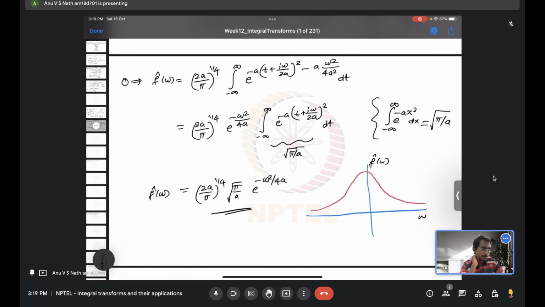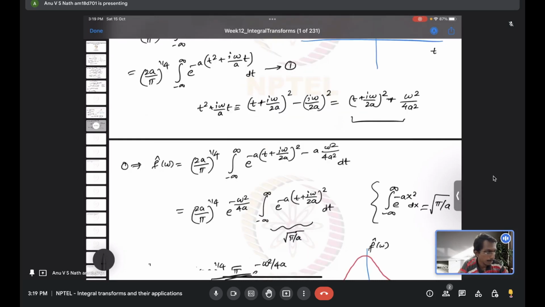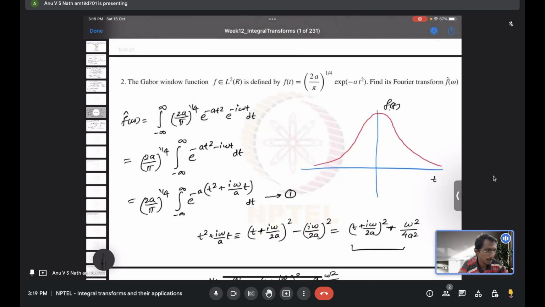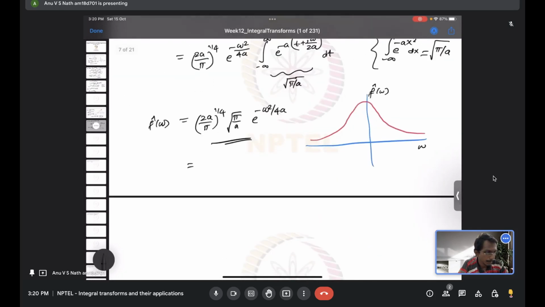You can write this in terms of f itself, because f is given as 2a by pi the whole raised to 1 by 4 exponential of minus a t square. If t is omega by 2a, that is f of omega by 2a, with the scaling parameter root of pi by a, and you will get the same answer.